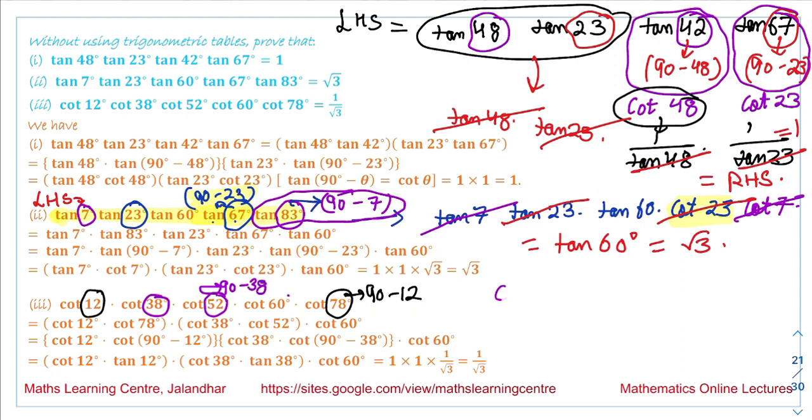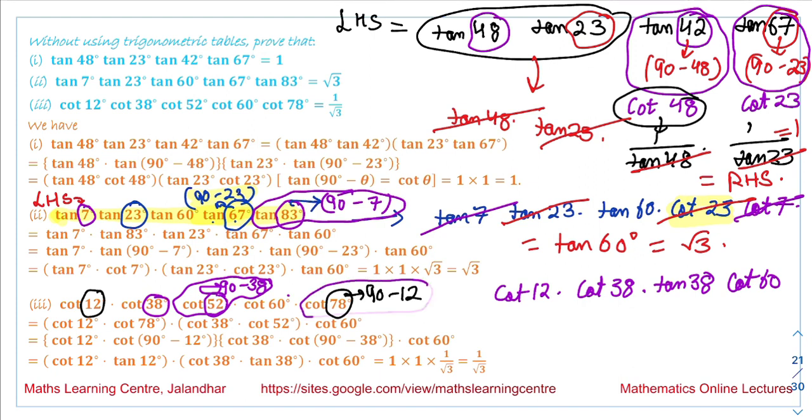So our question becomes cot 12 into cot 38 into cot of 90 minus theta is tan theta, so it is tan 38. Then it is cot 60, and cot of 90 minus theta is tan of theta, so it is tan of 12. Again we know that cot theta into tan theta is 1.